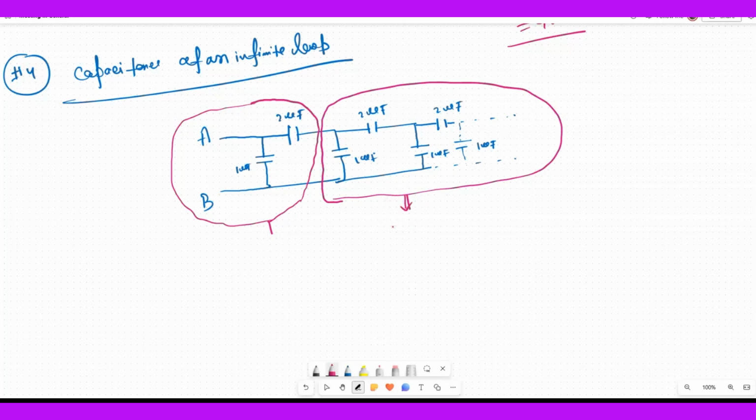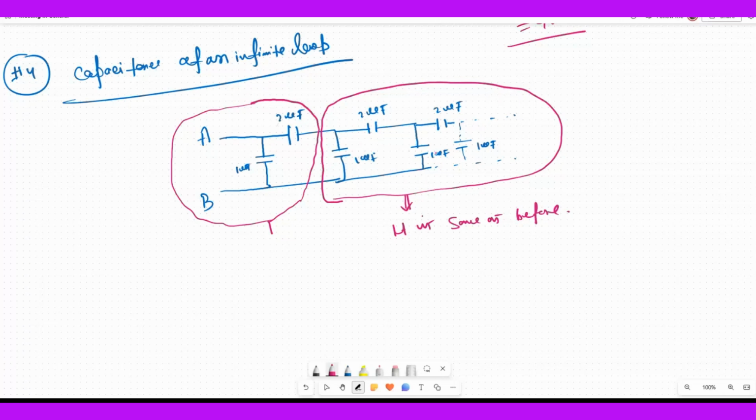This loop is the same as before. If we know the equivalent capacitance of this part, then we can find the equivalent capacitance between A and B, because then 2 microfarad is going to be in series combination with the equivalent capacitance of this part.